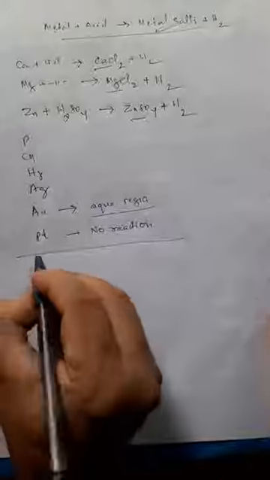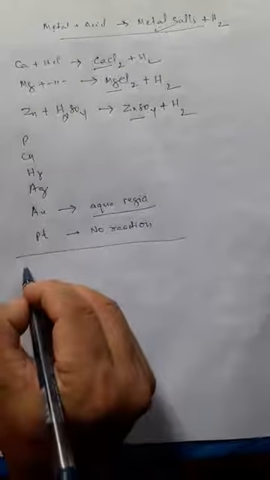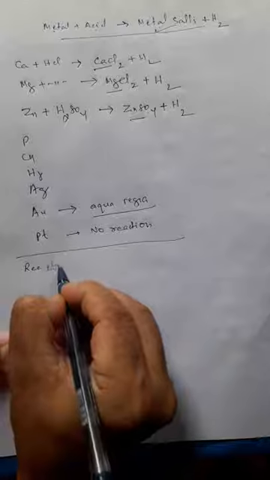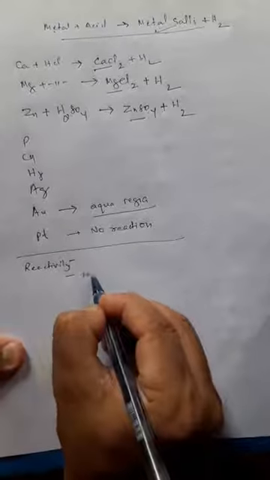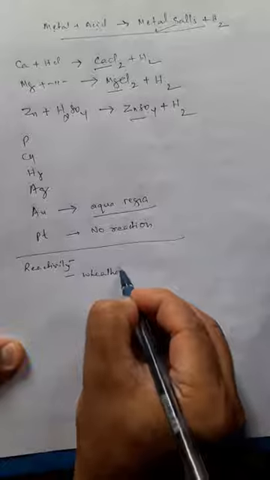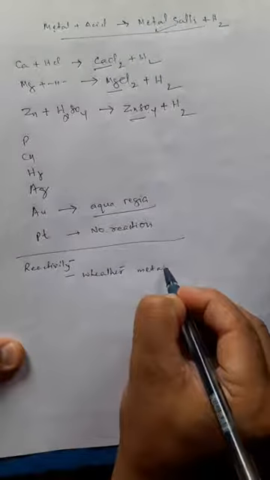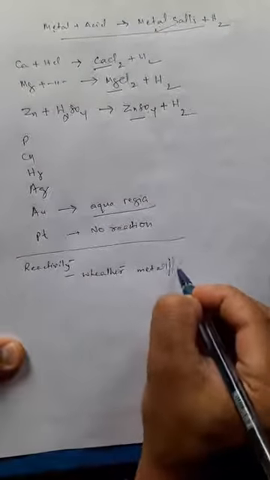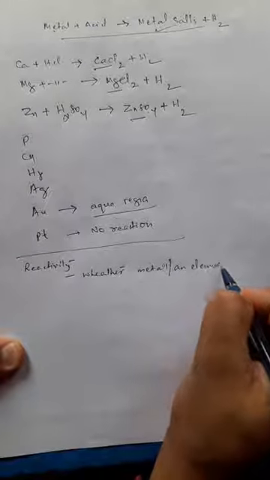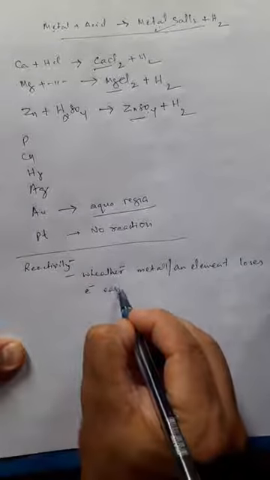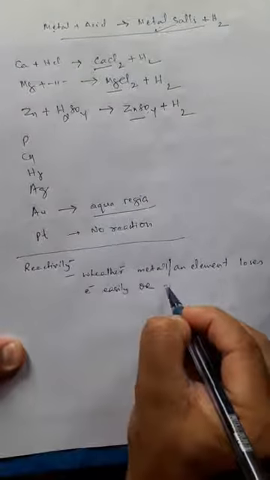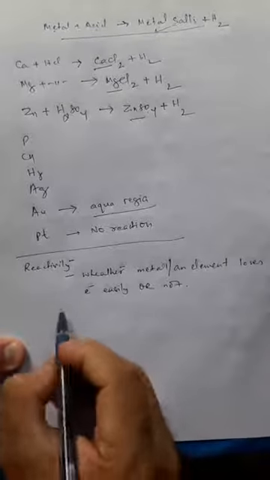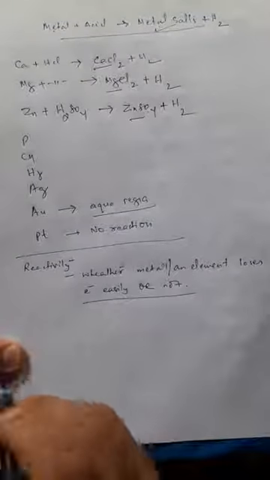So the reactivity is totally based on whether an element loses electrons easily or not. If an element loses an electron very easily, we can say that that particular element is highly reactive. Is it okay?